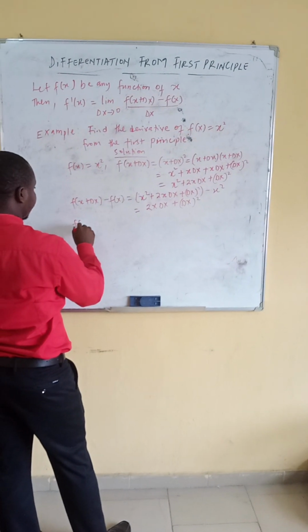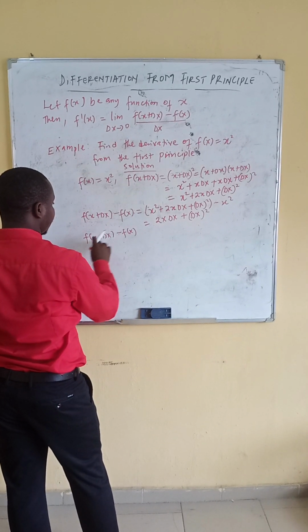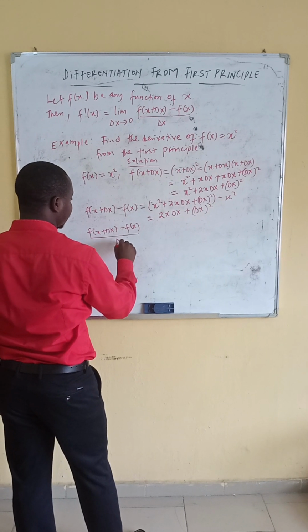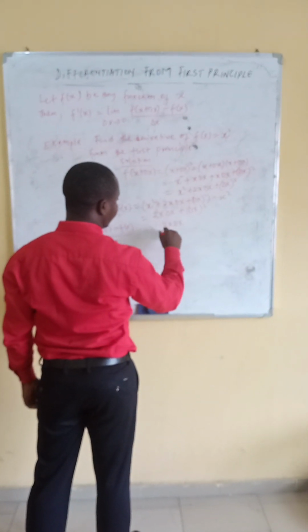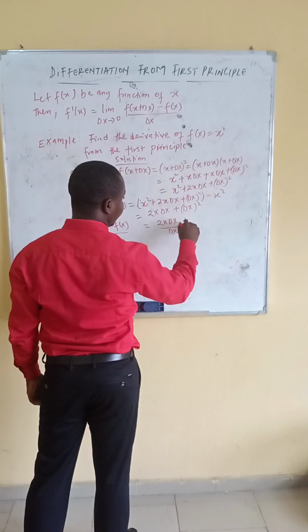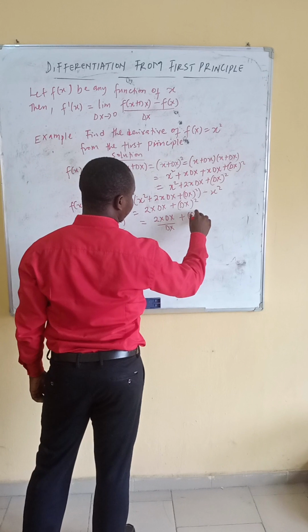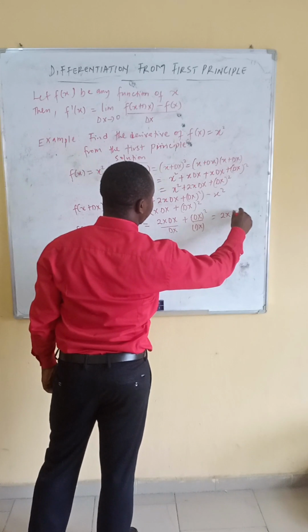Now dividing both sides by change in x, we have f of x plus change in x minus f of x divided by change in x equals 2x change in x divided by change in x plus change in x squared divided by change in x. That will give us 2x plus change in x.